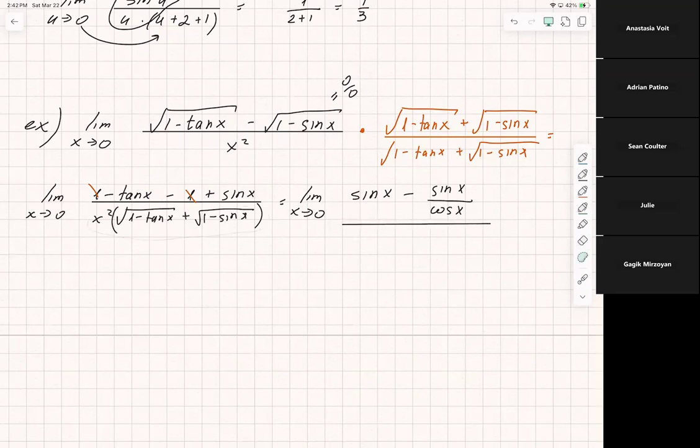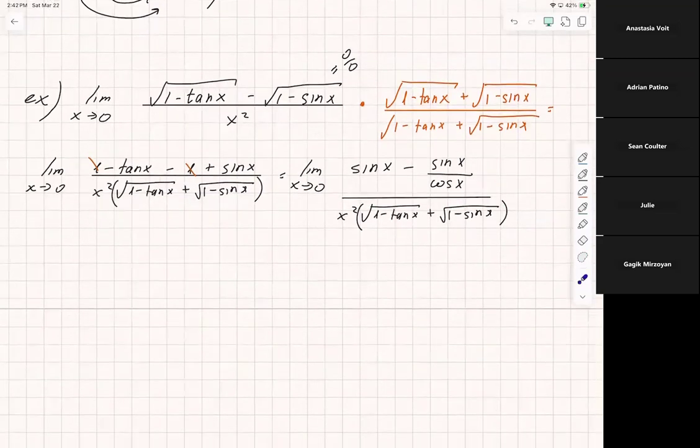I don't do anything with the denominator. Now I want to get rid of this fraction. So what I do is multiply top and bottom by this cosine, the whole expression. So I will be multiplying here, here, and also here.